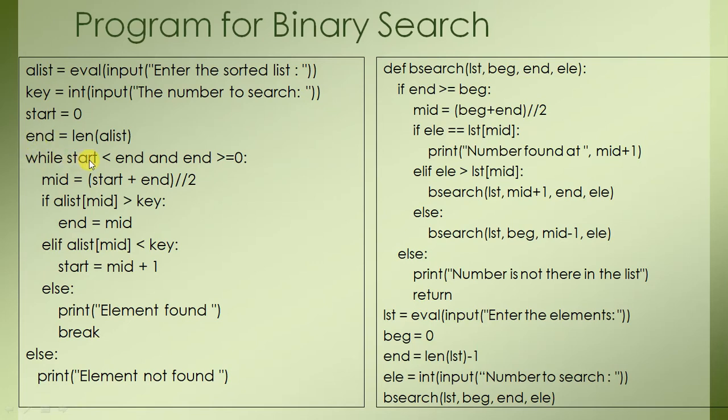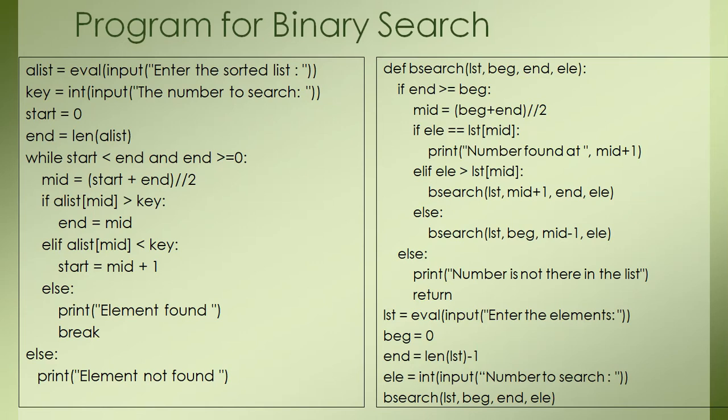So we are moving in this array and the condition is start is less than end. Okay, so start should always be less than end. So this is the condition. So what will happen is start will be at the starting position, end will be at the last position. They will be coming towards each other in every step because we are making the size half.